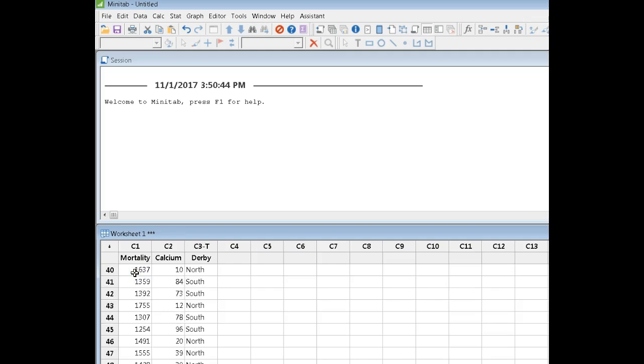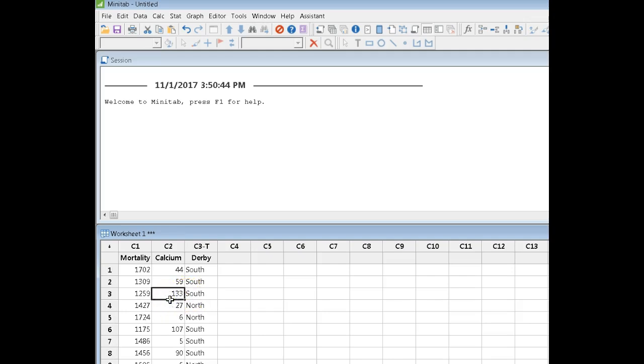I could divide all these numbers by 100,000, but I don't really need to do that. I understand that this is the number per 100,000. And in another column, it tells me whether these numbers were from south or north of Derby.